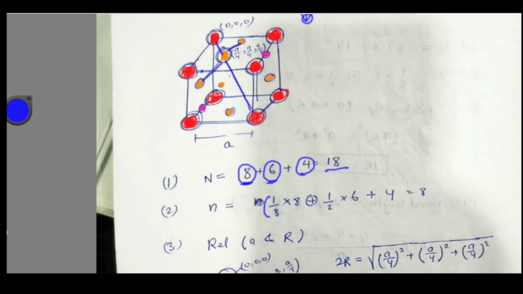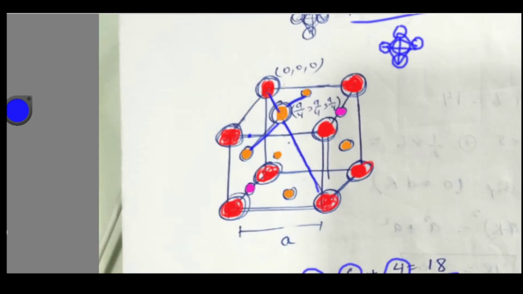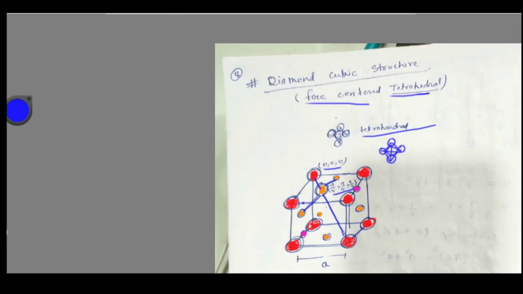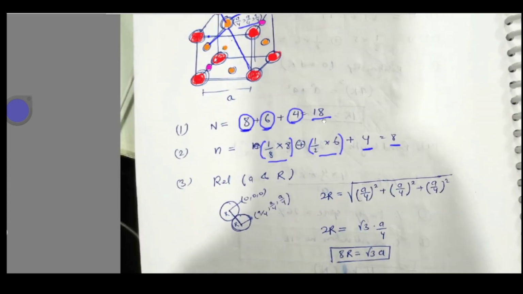To calculate the effective number of atoms: 1/8 into 8 for the corner atoms, 1/2 into 6 for the face centered, and 4 atoms for the tetrahedral shape. So the total effective number of atoms is 8 in the diamond structure. The coordinate of this atom is 0 0 0, and for the atom on the upper side it will be a/4, a/4, a/4. Now, to calculate the relation between a and r, we will use this.